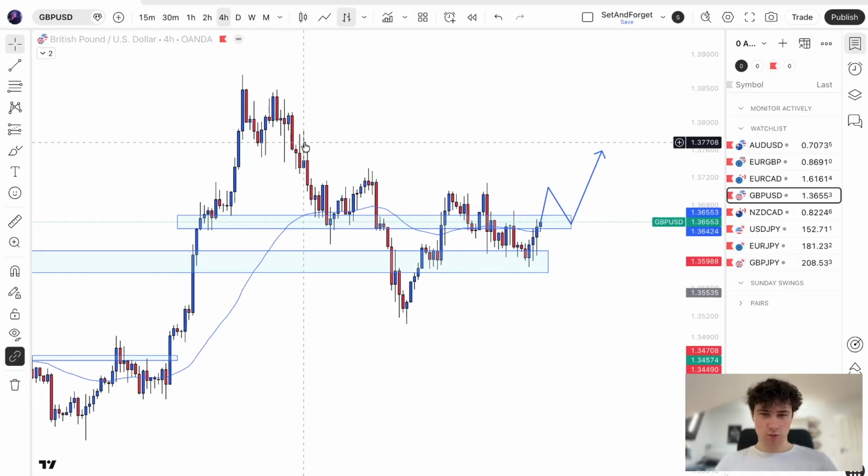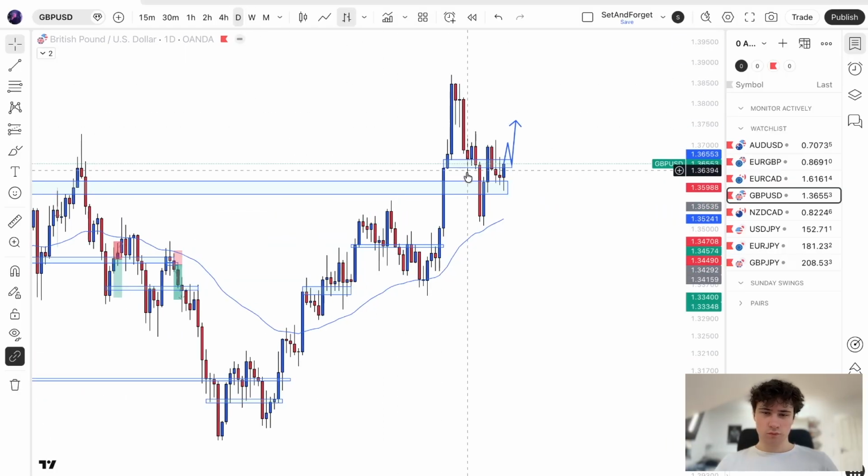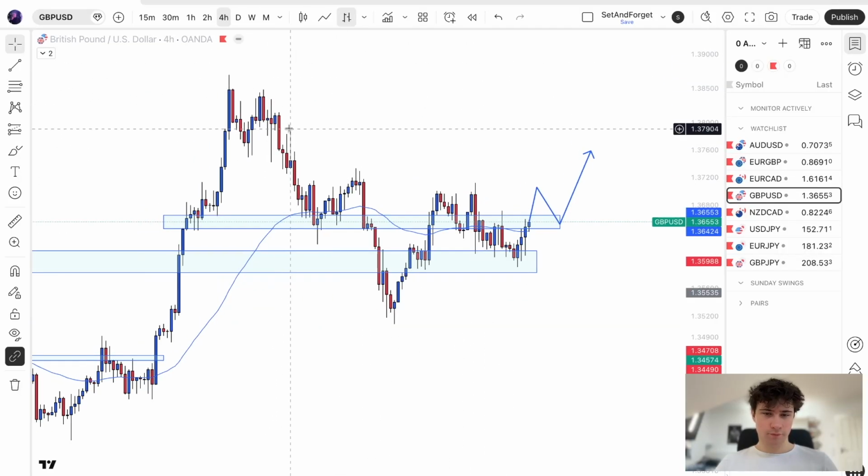GBP-USD. GBP-USD looks like an inverse head and shoulders. On the daily we are bullish, on the weekly we are also bullish. Inverse head and shoulders for our EMA. The 4-hour, I'd say, is still bearish from this move right here.